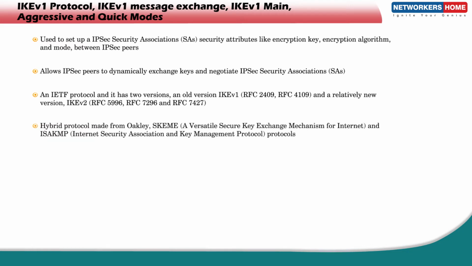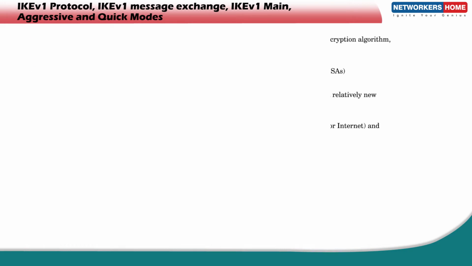IKE is a hybrid protocol made from Oakley, SKEME and ISAKMP protocols. ISAKMP protocol is a framework for exchanging encryption keys and security association payloads. IKE uses UDP port number 500.